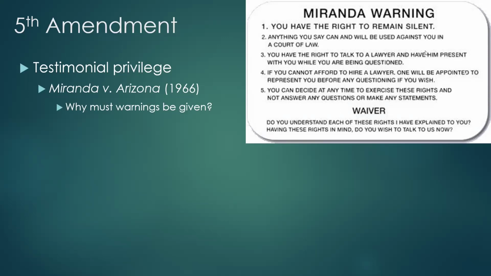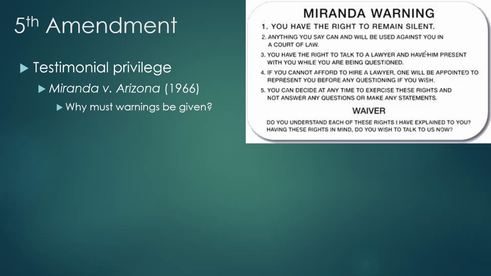And so the way the court interprets the rule is it is the police and prosecution's burden to establish that the defendant did in fact waive this right to counsel and right to remain silent.